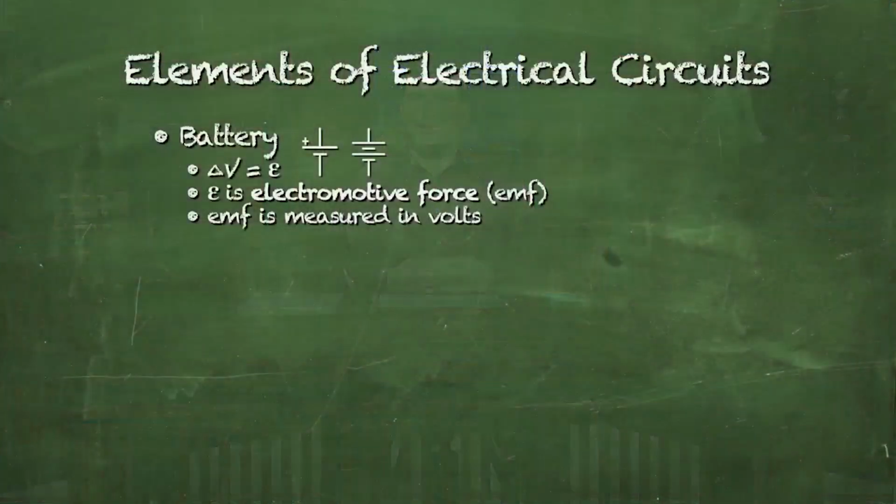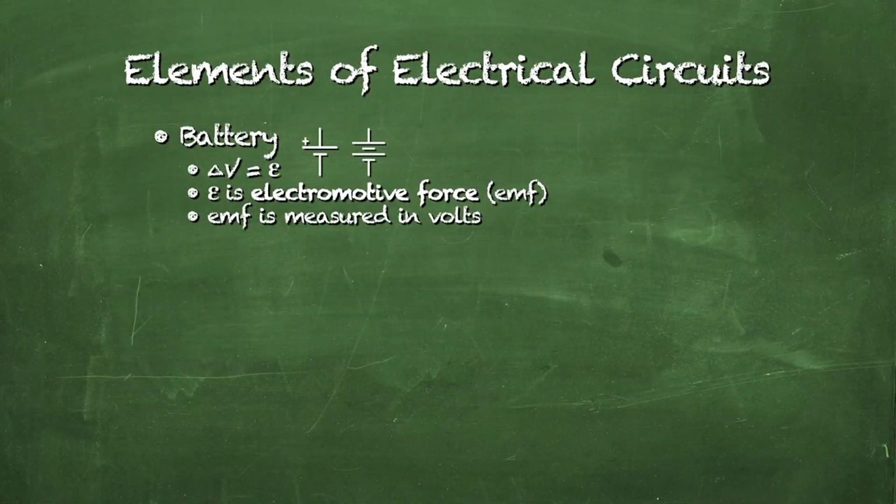We're going to build up electrical circuits, at least initially, out of three components: batteries, resistors, and wires or conductors. A battery is represented by this symbol, where the longer of the two parallel lines represents the positive side of the battery.